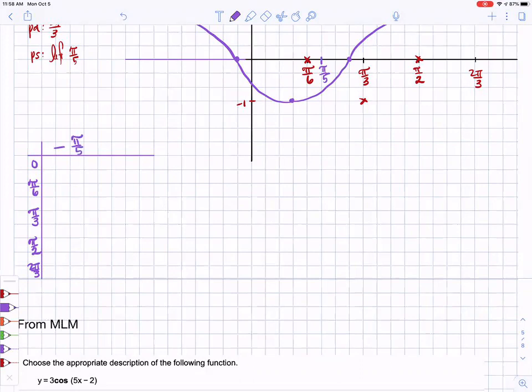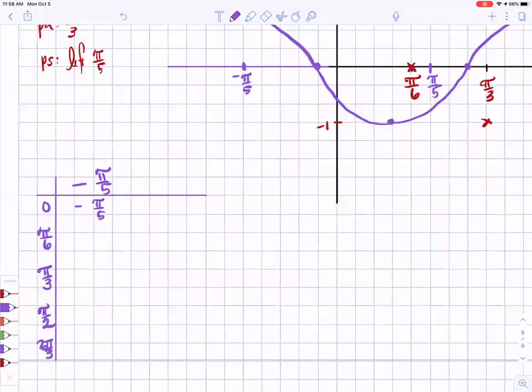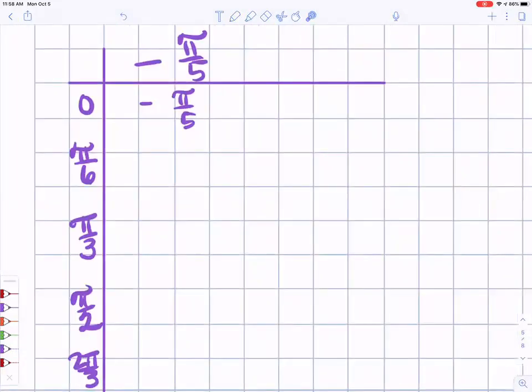Okay, so what is, you don't need a calculator for this first one. What's 0 minus pi over 5? Negative pi over 5. So we can go ahead and put that one on our graph, negative pi over 5. That one's easy. Okay, so we're just doing some math here. The next one that we're going to do is pi over 6 minus pi over 5.